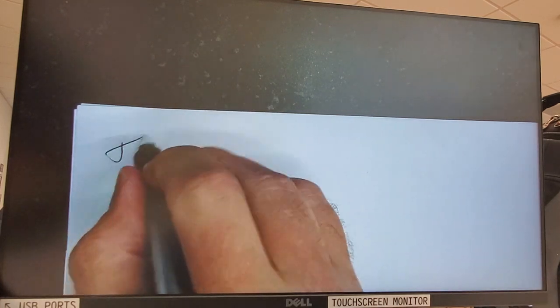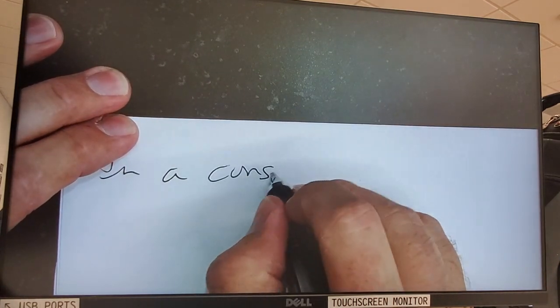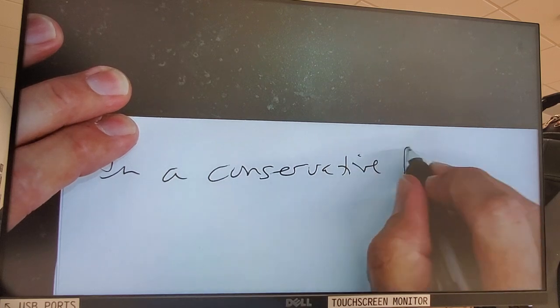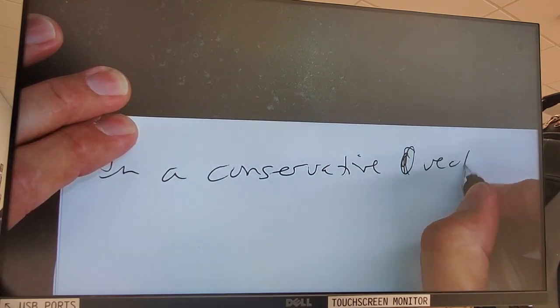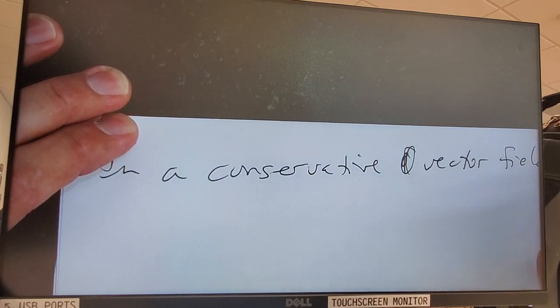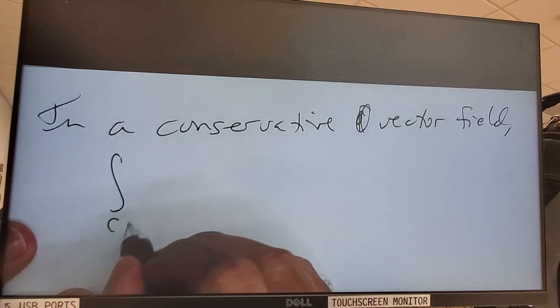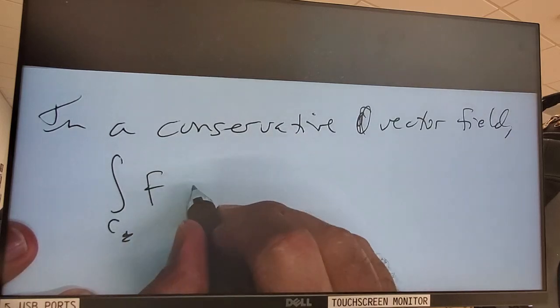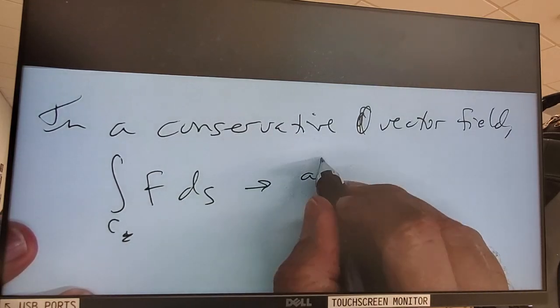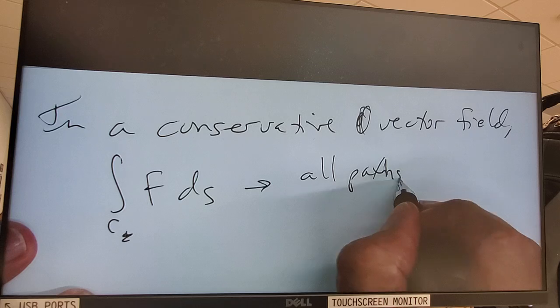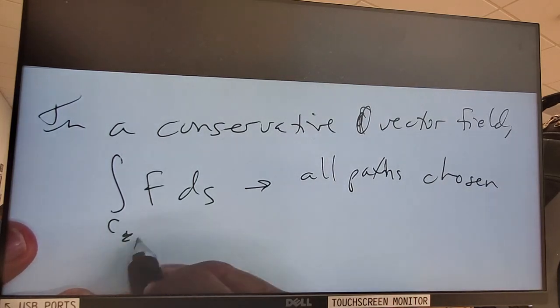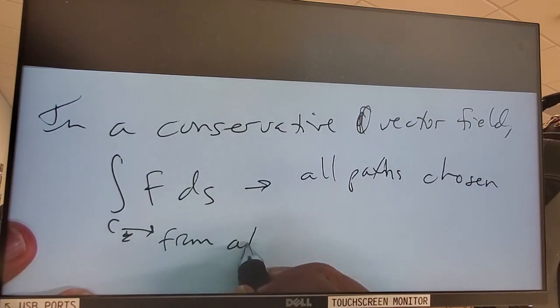But I'm pretty sure that I pointed out that in a conservative vector field, if I choose any path to go along, and this would be like from A to B. This is A, Jeff.